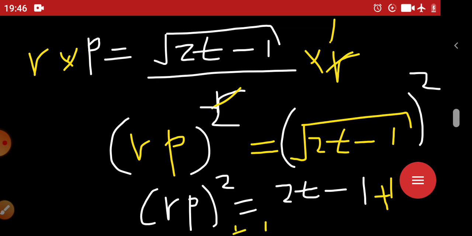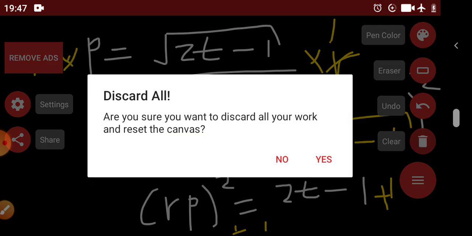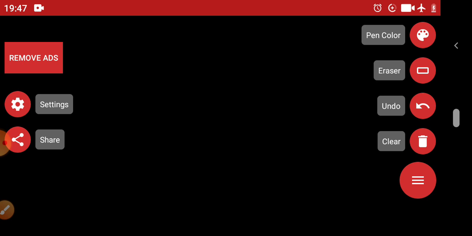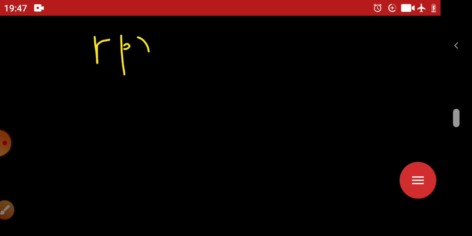So rp squared plus 1 is equal to 2t. Let me write it in a new page. So this will be rp all squared plus 1 equal to 2t.